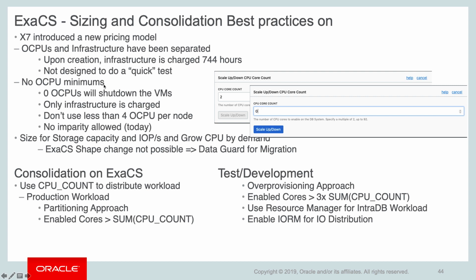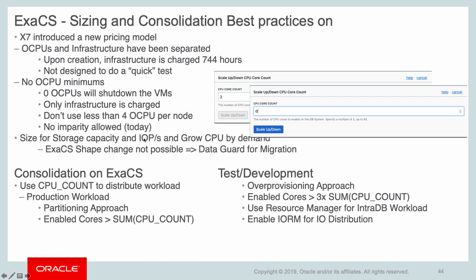There are no CPU minimums, and this is different from X6 where 22 OCPUs was the minimum requirement. You should not use less than 4 OCPUs per node, just as a best practice. There is no imbalance allowed. You cannot have one of the compute nodes as 4 and the other one as 2. It should be equal numbers.